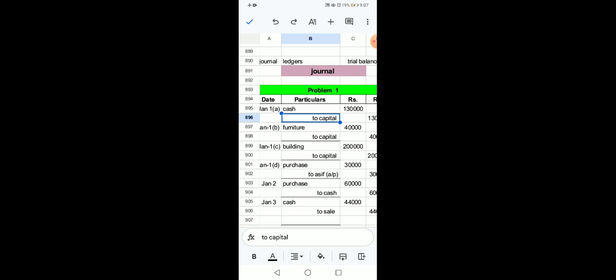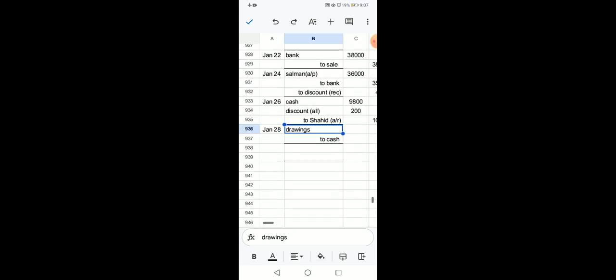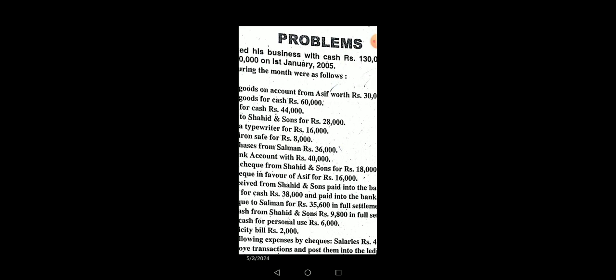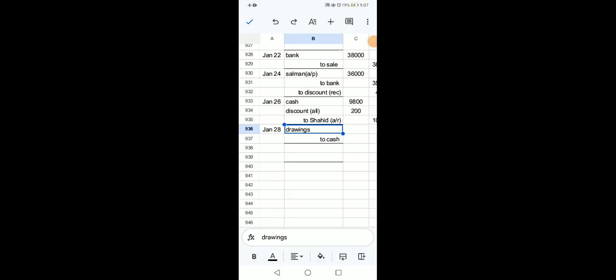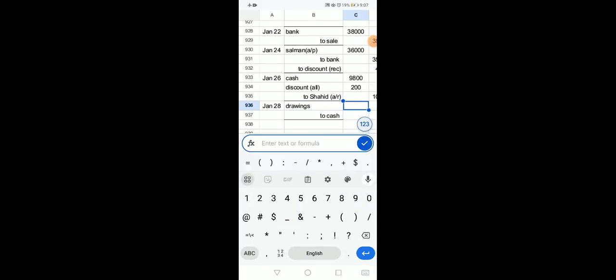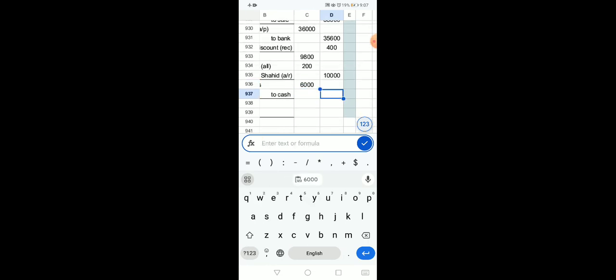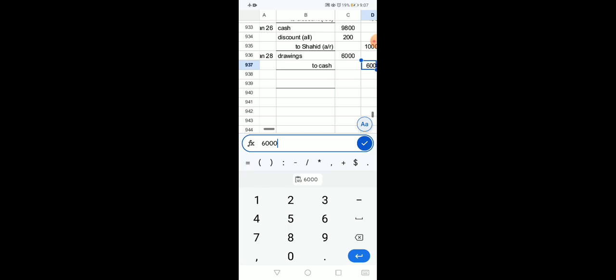It is a liability of the business, and when the amount is drawn from the business, our liability in the sense of capital has decreased. That is why a decrease in liability should be mentioned on the debit side. So you have mentioned drawings on the debit side, January 28. How much did he draw? 6,000 was the amount. So you are going to put 6,000 on the debit side, and the same amount on the credit side as well. Credit and debit side will always be equal.